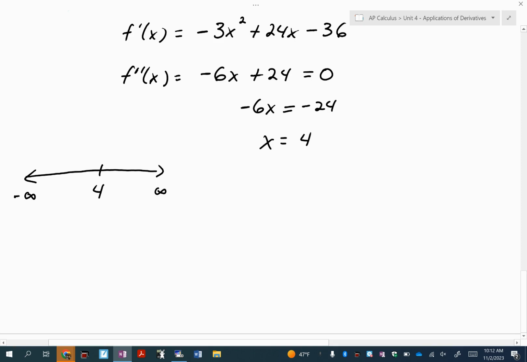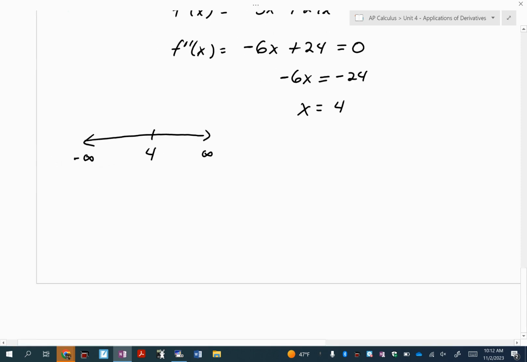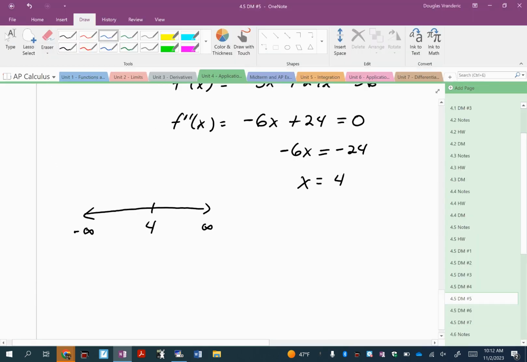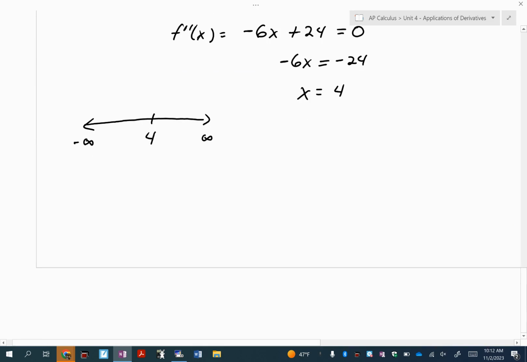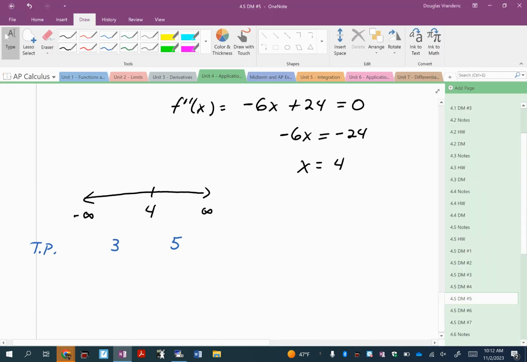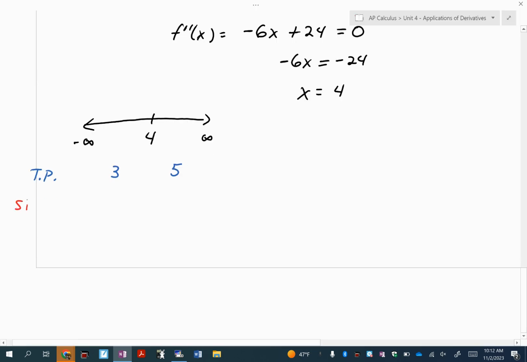Okay, test point between negative infinity and 4. I'm going to use 3. And then on the other side, 5. So this is the sign of the second derivative to make conclusions about the first derivative.